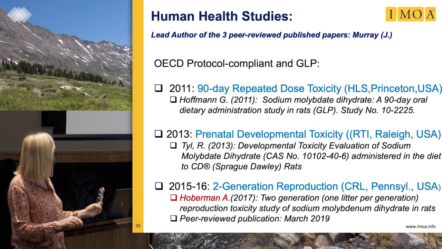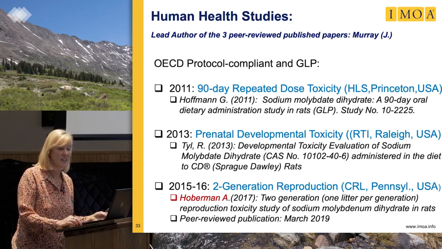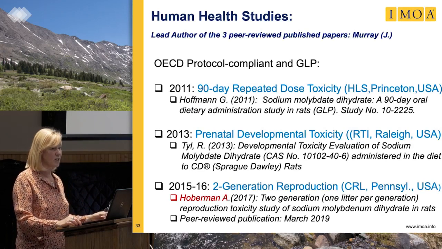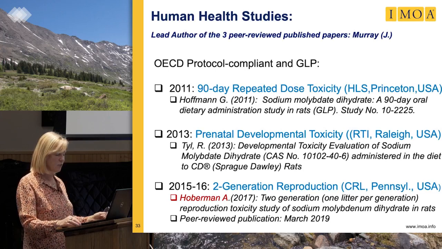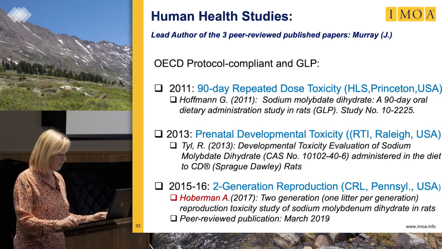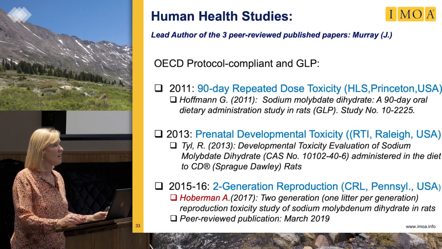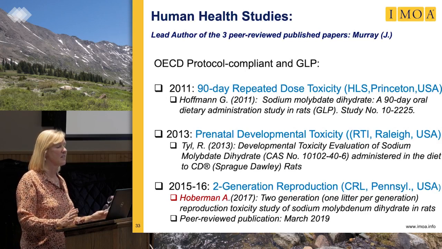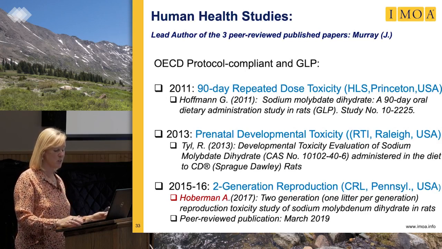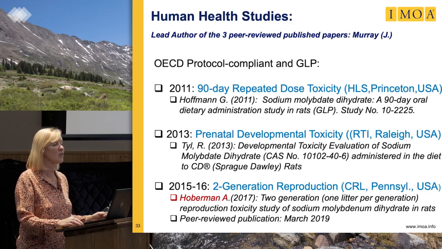I've just highlighted Alan Hoberman here in red. He was the study director for the 2-generation reprotox study that we did recently, and it's worth mentioning him because he still is, or was, the most recent past president of the US Teratology Society.